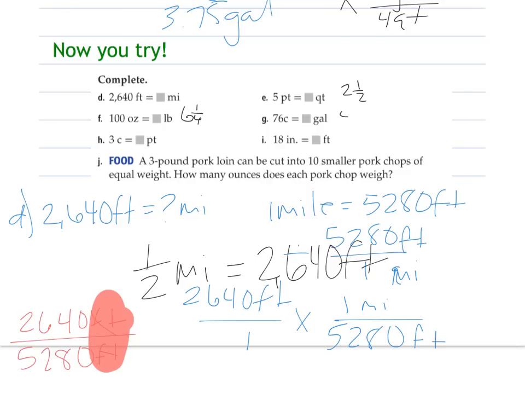For G, 4 3/4. H, 6 pints. I, 1 1/2 feet. And for J, it's going to be 4.8 ounces. So hopefully you tried those before I went over the answers. Not a lot of space on here, but we will make sure to go through those in class. So write down the ones you're really interested in going over.